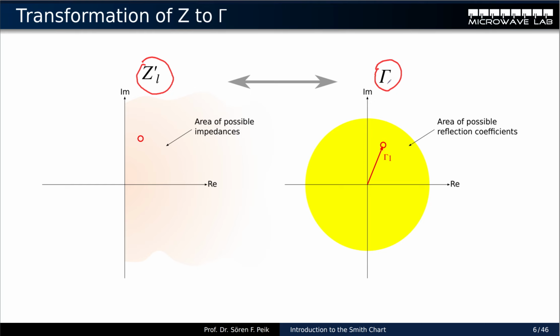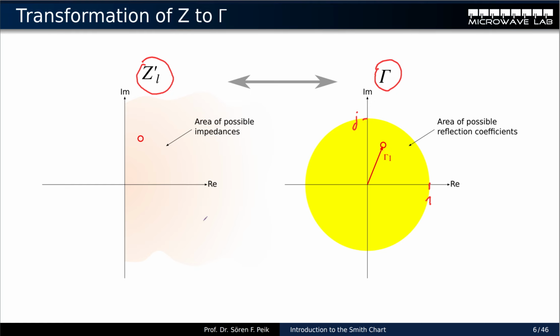On the other hand, the gamma value is restricted to magnitudes less than 1, which means it's inside a circle with a maximum value of 1. There are no reflection coefficients larger than 1, because that would mean that the reflected wave is bigger than the incident wave, and as long as you have a passive load, that cannot happen.